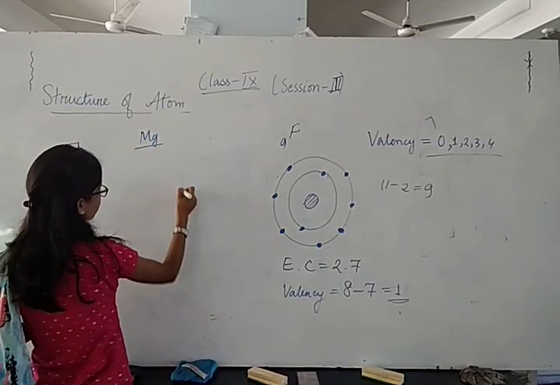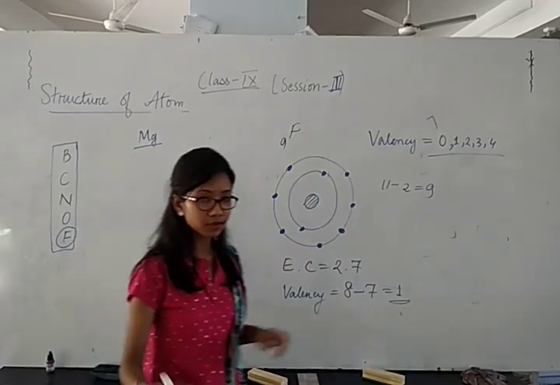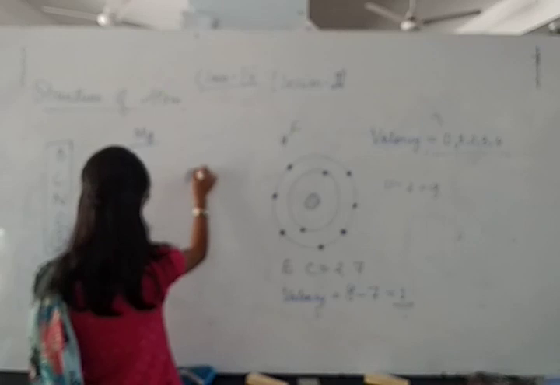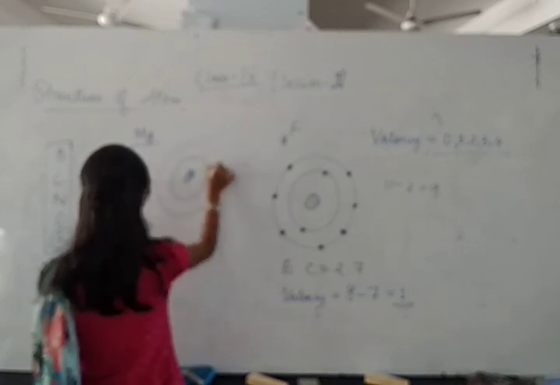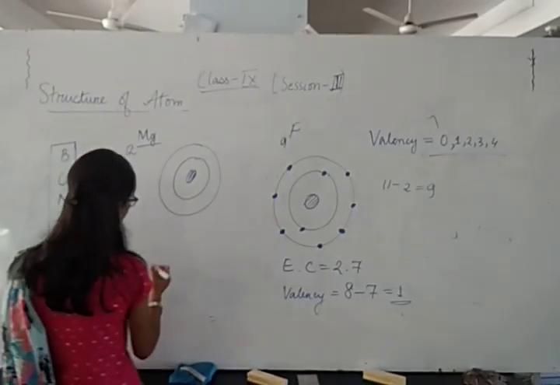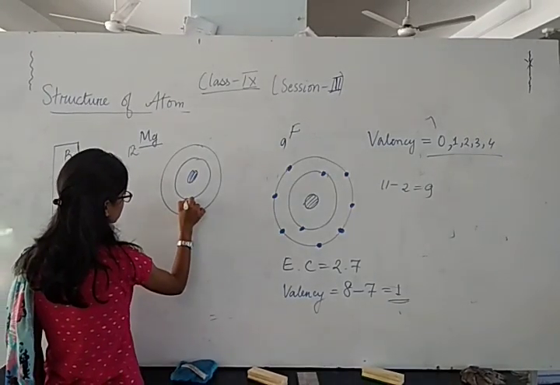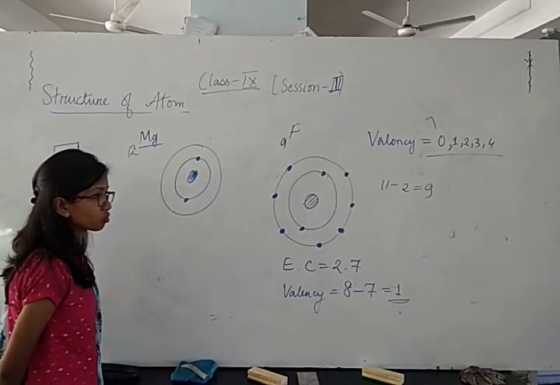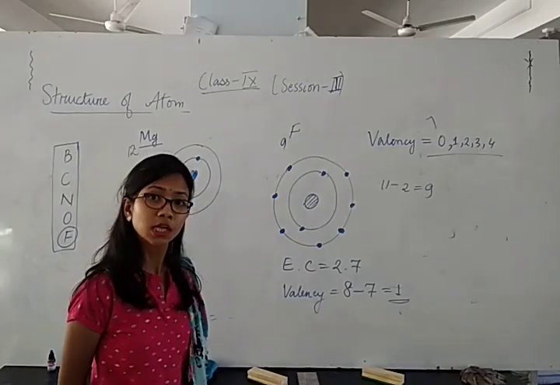For magnesium, I will show you up till magnesium only. The other structures you have to draw. Magnesium: the nucleus is present in the center, then the second orbit, the third orbit. The atomic number of magnesium is equal to 12. Since it is equal to 12, as usual the first orbit will always contain 2 electrons.